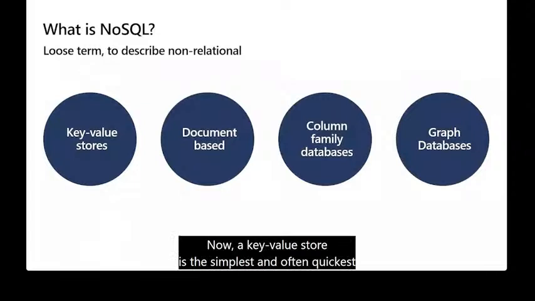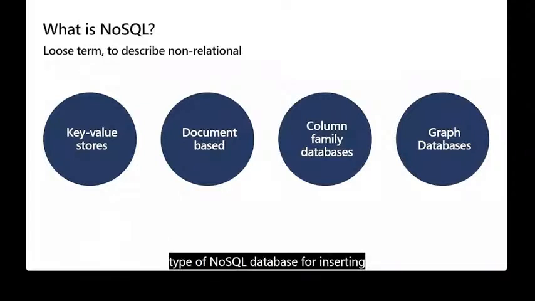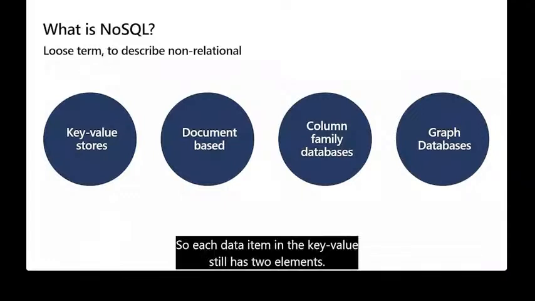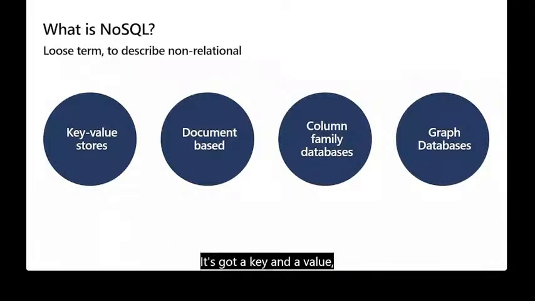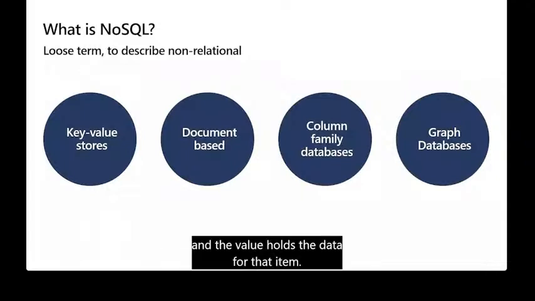Now, a key value store is the simplest and often quickest type of NoSQL database for inserting and querying data. So each data item in the key value store has 2 elements. It's got a key and a value. The key uniquely identifies the item, and the value holds the data for that item.